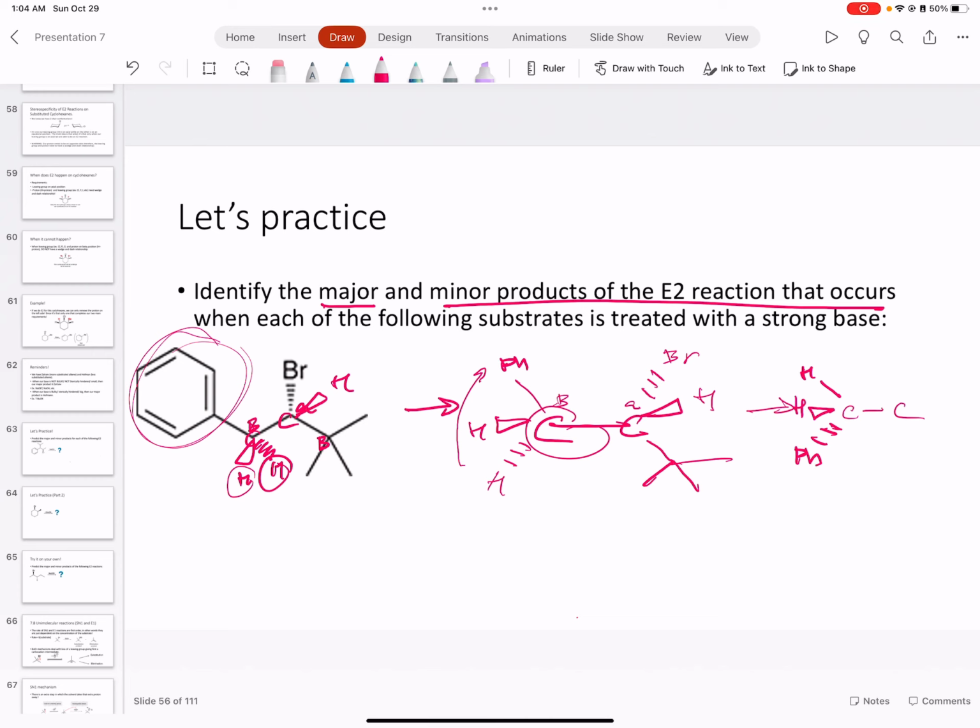Well, I can also rotate this one. And then I can bring, let's say, bromine, I can bring this one up. Yeah, okay. And I can keep this one normally.